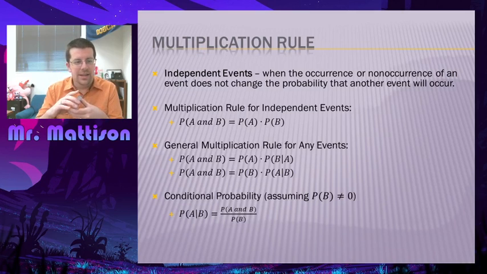So for instance, my drawing cards example here. If I wanted to draw a king and then draw a 7, the probability of drawing a king is 4 out of 52.